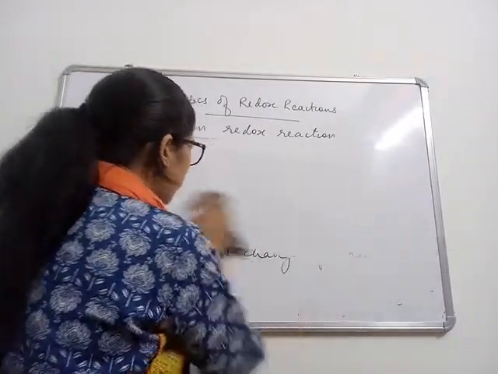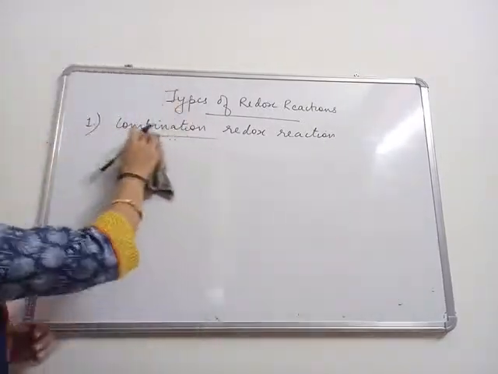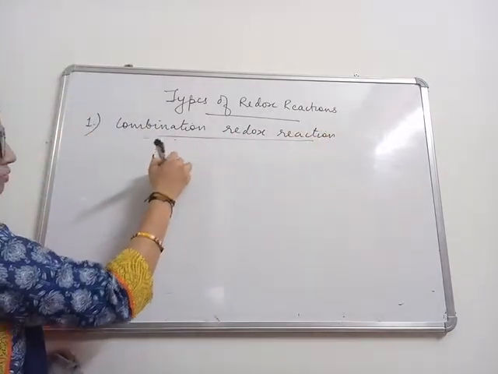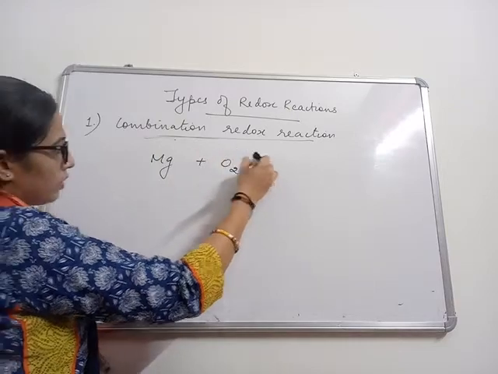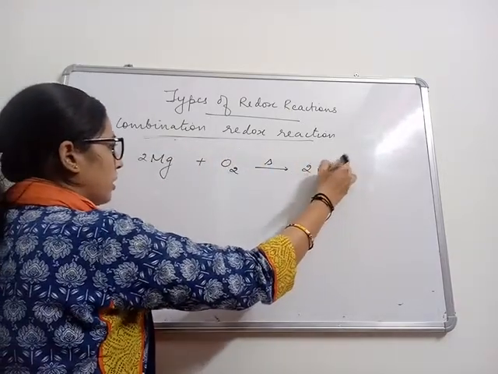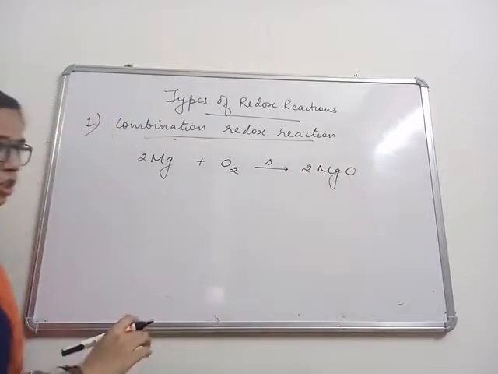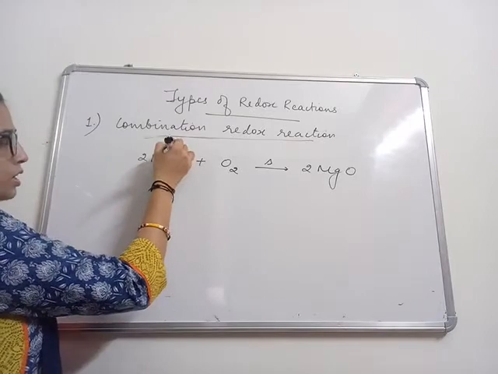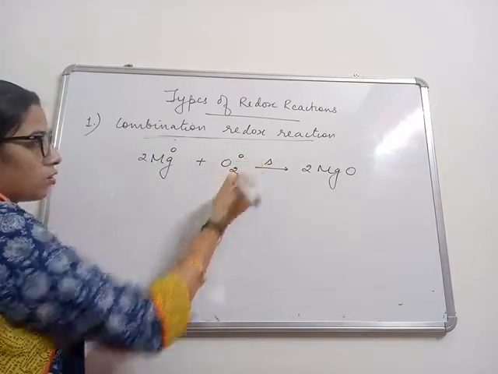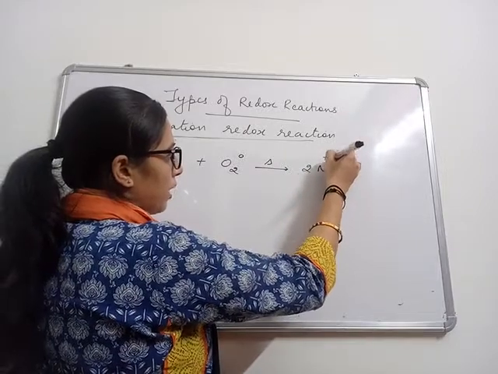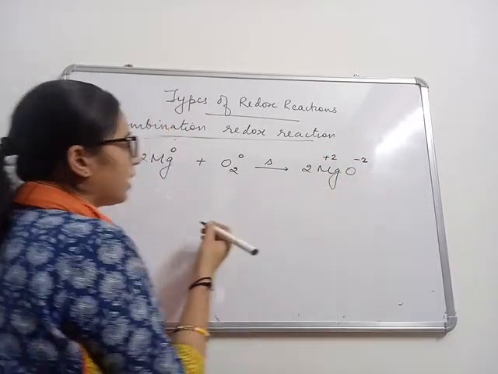Now an example we shall consider. I hope this is a very common example that you have learned in combination: when you heat magnesium, you get magnesium oxide. Let's see whether it's a combination redox reaction or not. Here magnesium is in zero state, oxygen also with zero oxidation number. But in magnesium oxide it is +2 and in oxygen -2.